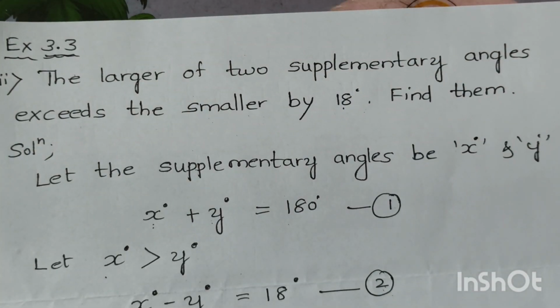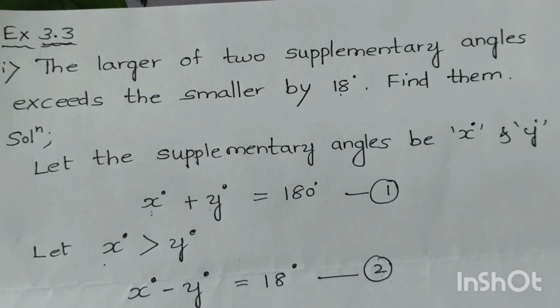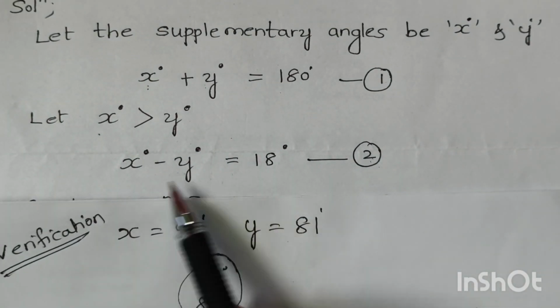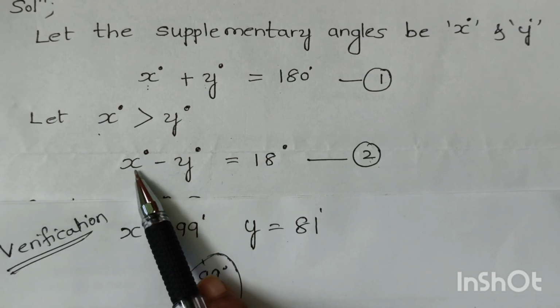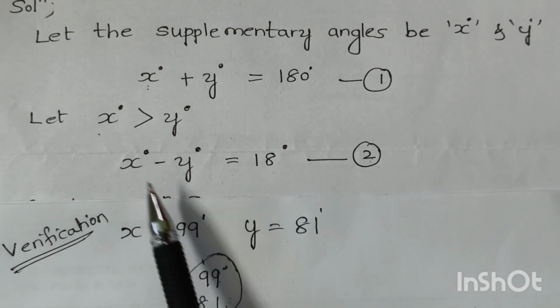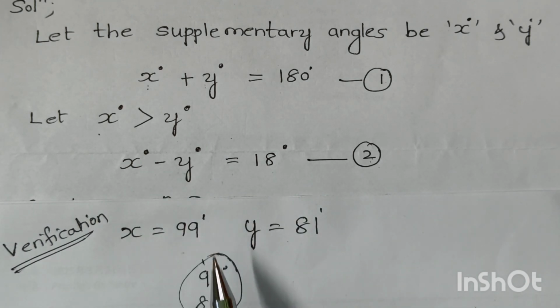Now let us verify the other sentence of the question. I will explain the second equation in the verification. What did they tell us? The first angle, that is angle x, exceeds angle y by 18 degrees, meaning angle x is 18 degrees more than y.